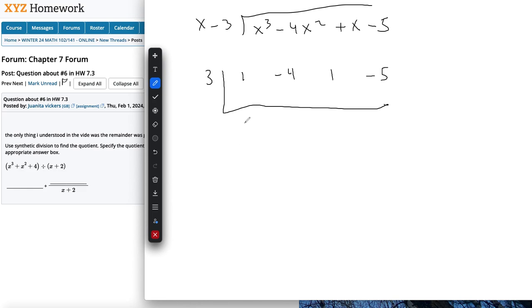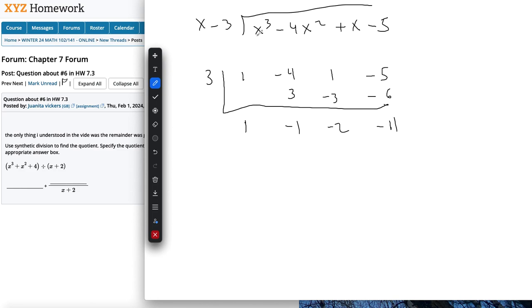So we bring down our 1, and then we go 3 times 1 makes 3, and negative 4 plus 3 makes negative 1. 3 times negative 1 makes negative 3. 1 plus a negative 3 makes negative 2. And 3 times negative 2 makes negative 6. And negative 5 plus negative 6 makes negative 11.